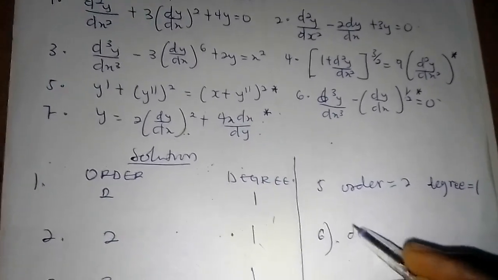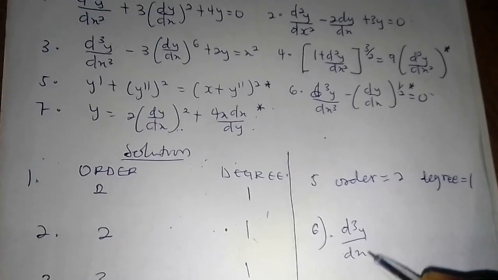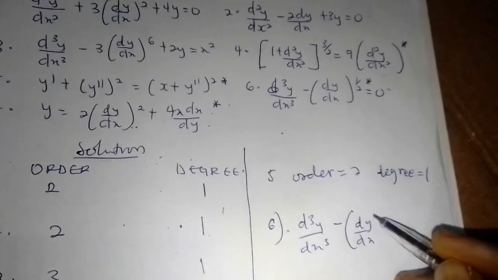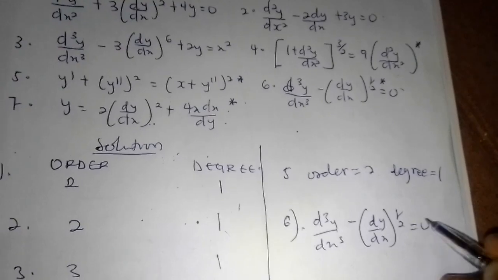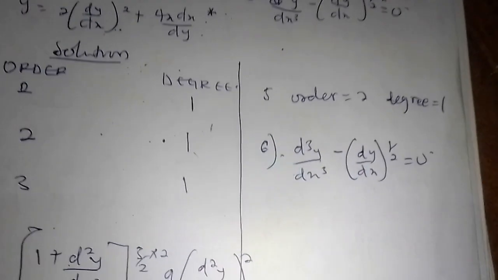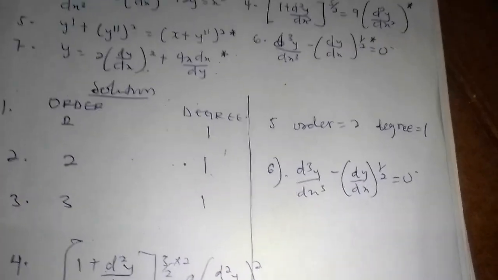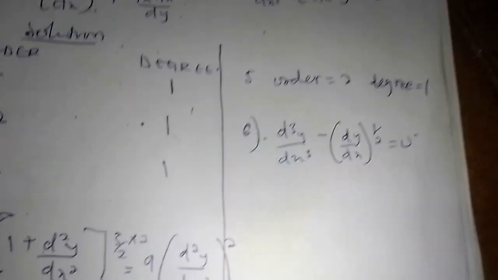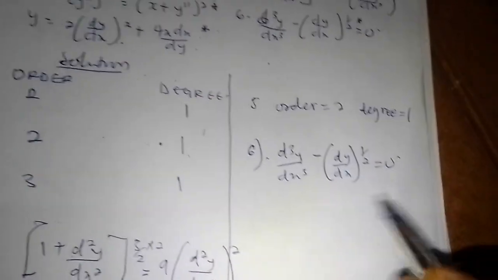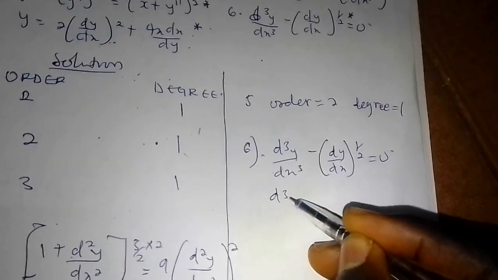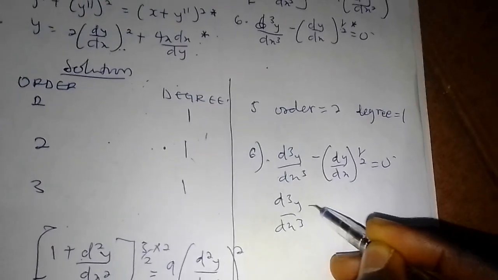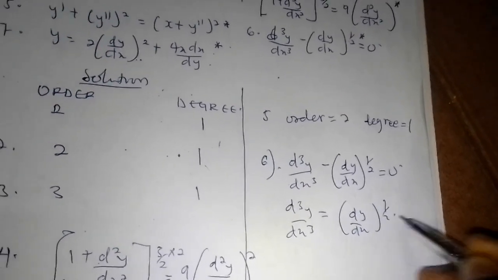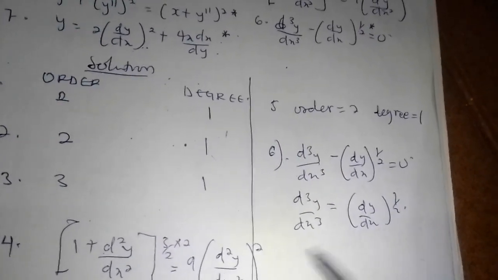The sixth question, we have d³y/dx³ minus the expression (dy/dx) all to the power half equals 0. This also is a special case with an asterisk. It means it's not in a polynomial form, and hence you have to simplify the fraction out there. So if I make d³y/dx³ equal to (dy/dx) all to the power half, then I have to square both sides to eliminate this half.